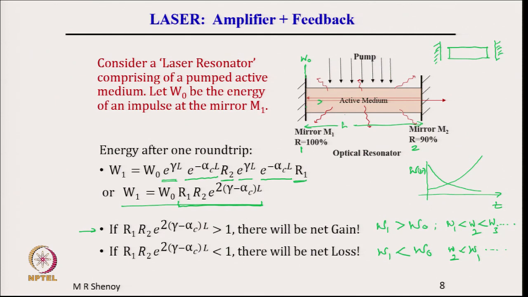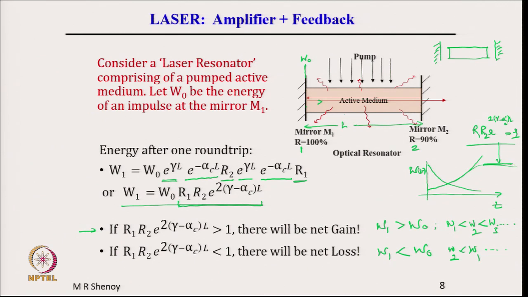But if this happens to be equal at some point, let us say initially it is building up, but after some time at some point it becomes equal, then the intensity or the energy would remain constant, and this is corresponding to the saturation where R1 R2 into e to the power twice gamma minus alpha c into L is equal to 1, where neither gain nor loss.